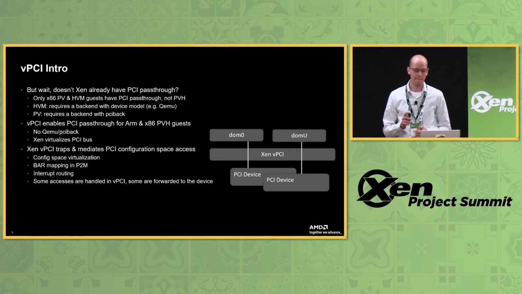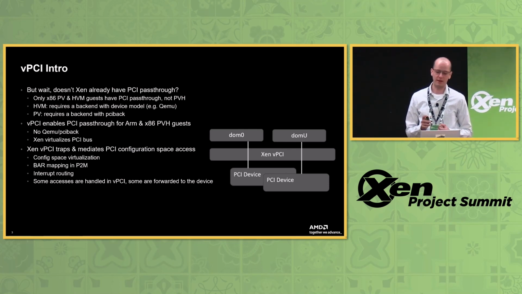We'll get into that. And on HVM DOMUs, we require a backend running Qemu. So PCI requests are going through Xen IOREQ and then into the backend with a device model which emulates your PCI bus and has PCI devices emulated or physical.